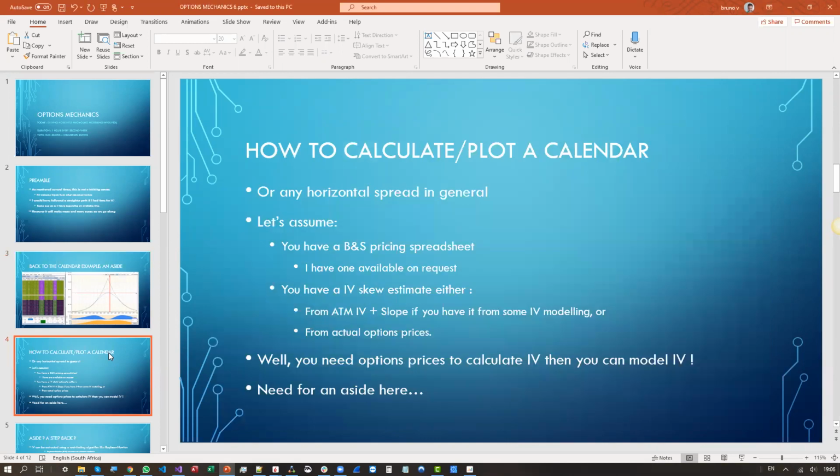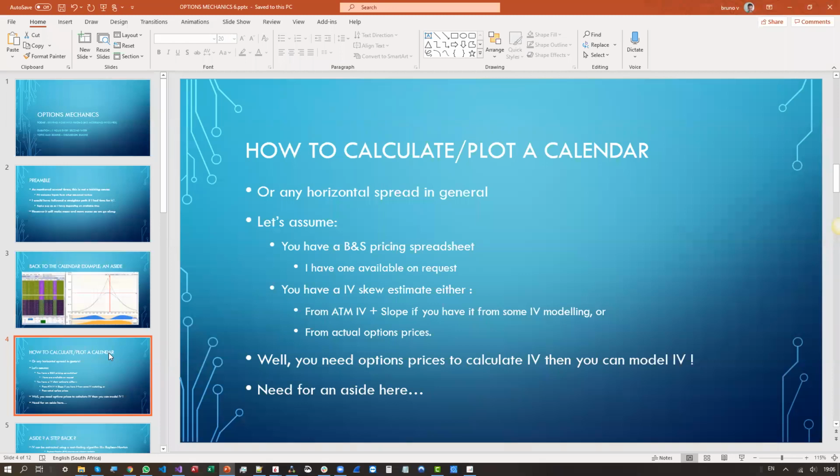I hope you can see my screen, because I know my internet connection here is not as good as in Europe. We're going to have a look at how we calculate and plot a calendar, and for that matter, any horizontal spread. So you have that Black and Scholes spreadsheet, or I suppose you have one. It doesn't have to be mine.